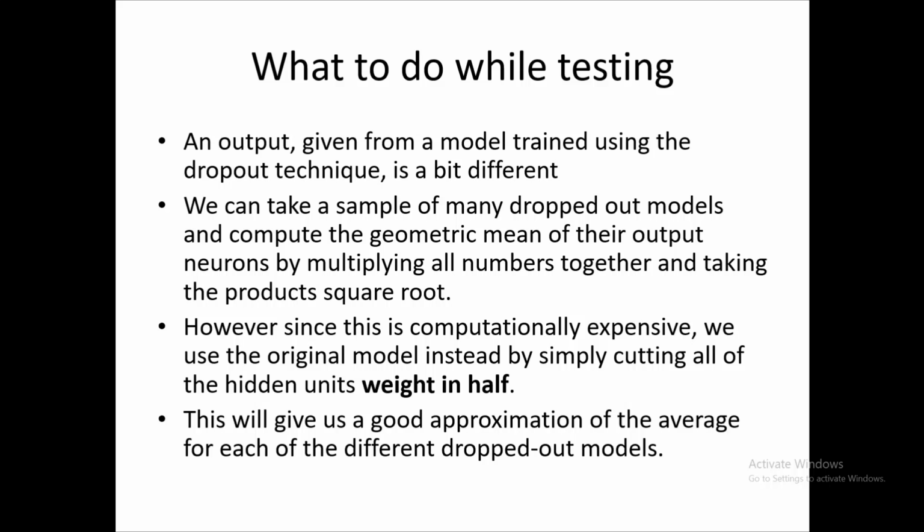What we do in testing is take all the weights and multiply them by 0.5, or scale by 0.5. This gives us a good approximation of the average of the different dropped out models. So in this way, dropout is implemented for regularization, or to reduce the overfitting of the model.